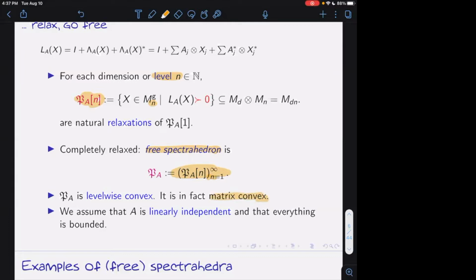Just a word of caveat: I will be sloppy about various hypotheses. I'm assuming the A's are linearly independent whenever I have a tuple A, and that all these free spectrahedra are bounded.